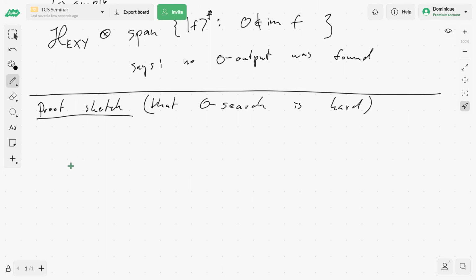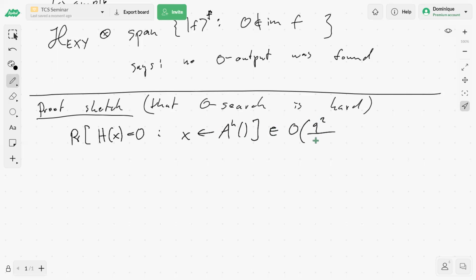So what we want to show is that the probability that h of x is 0, where x is chosen by the adversary that has quantum access to h, is in O of q squared divided by 2 to the n.